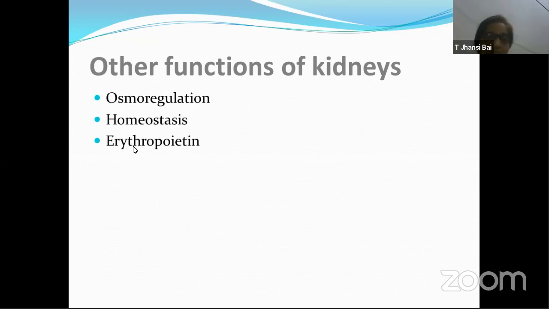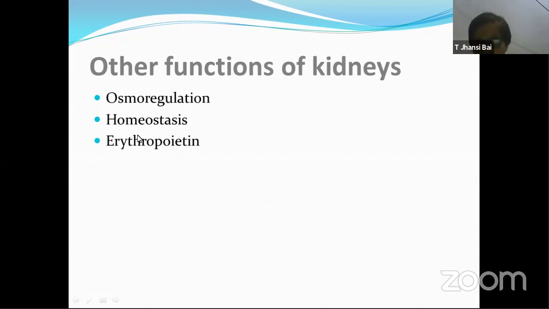Now, apart from these two related functions, there is another important function that kidneys take care of, and that is that kidneys also produce one type of hormone. I'm talking about a hormone called erythropoietin. This is a local hormone produced by kidneys. As you can see, 'erythro' means we are talking about something related to RBCs.